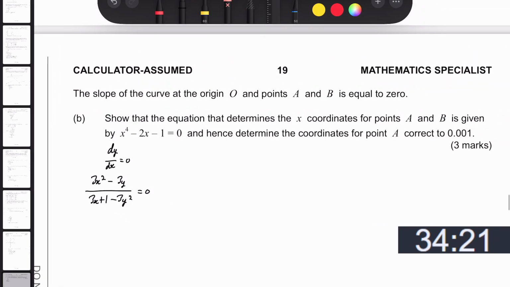Determines the x coordinates for points A and B is given by that.